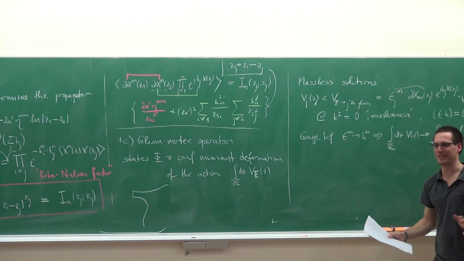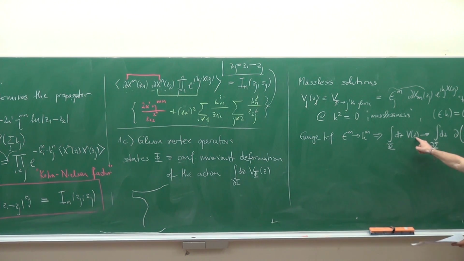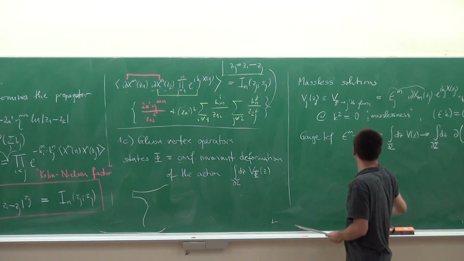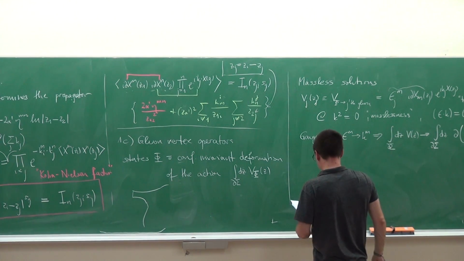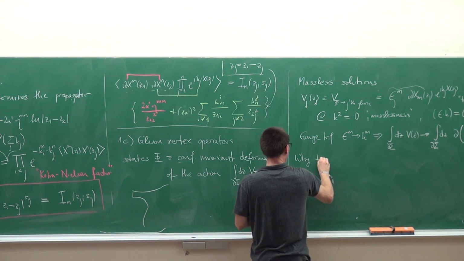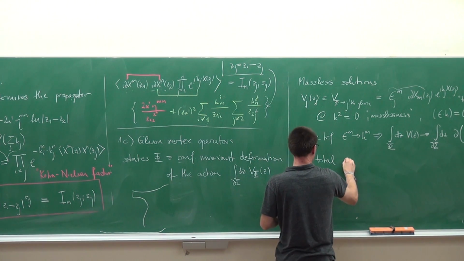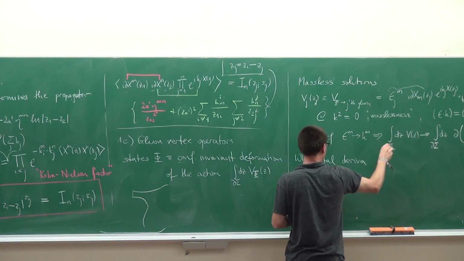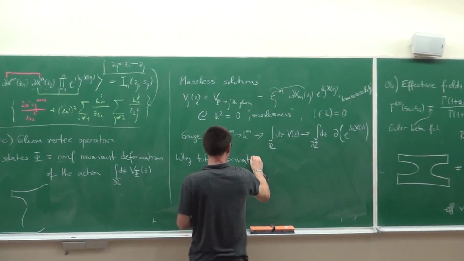Boundary terms integrate to 0, at least when it's about a boundary term with respect to the worldsheet position z. Let me back up this broad claim. Why do total derivatives decouple? Or why does this one decouple?